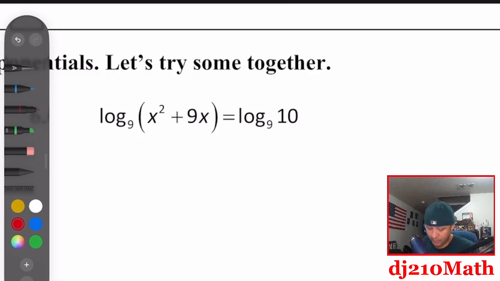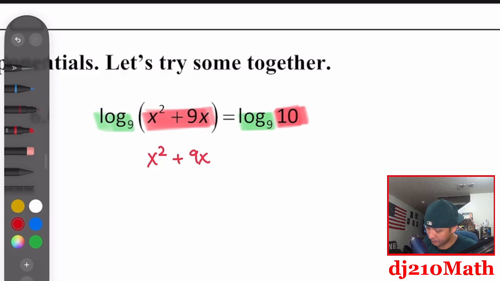So look, we have log base 9, log base 9. So this means this argument in red is going to be equal to this argument in red. So x squared plus 9x has to equal 10. This is a brand new problem.